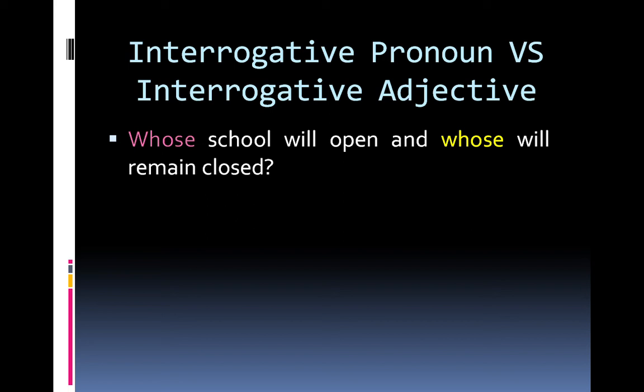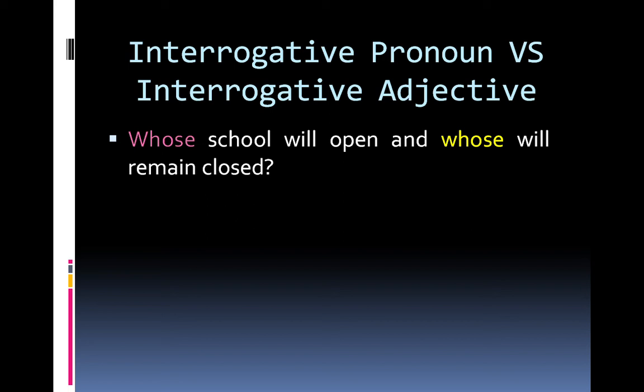The sentence makes it clear that the second whose in yellow color means whose school will remain closed, but the word school is missing. This word whose has taken the place of that noun school also. That's why it's only interrogative pronoun. Calling it interrogative adjective will be wrong.